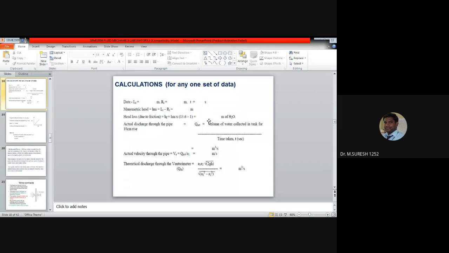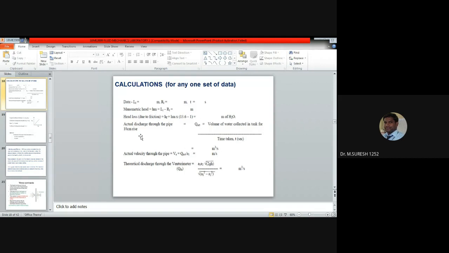If one length you put in centimeter and another breadth you use in meter and H you use in centimeter, the values will come out wrong. So all the values you have to convert from centimeter into meter, and the final results also you may get proper readings.